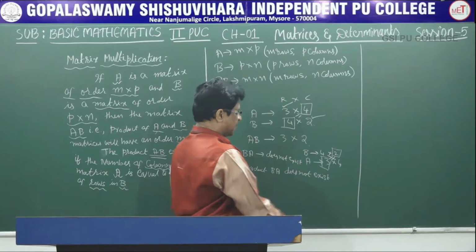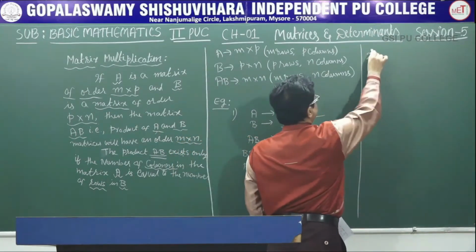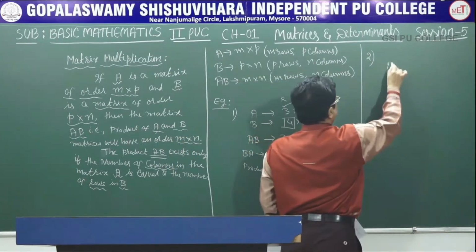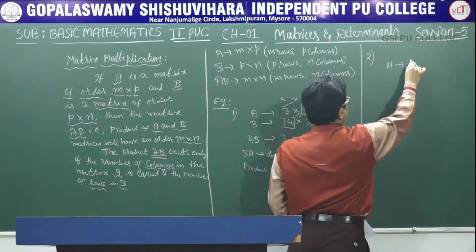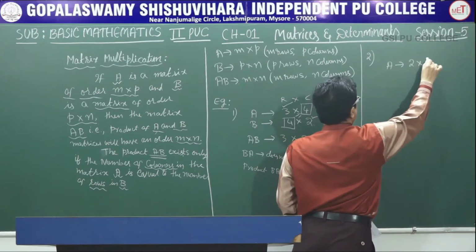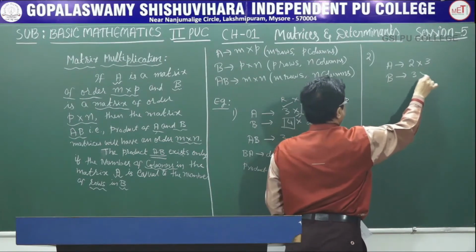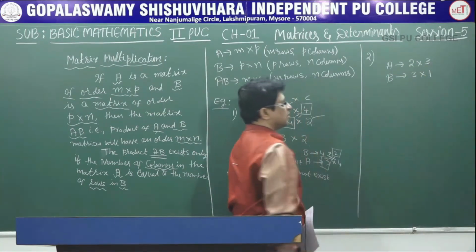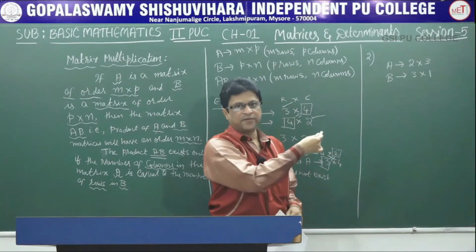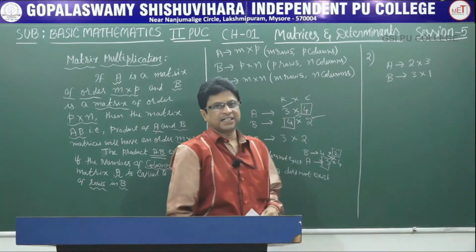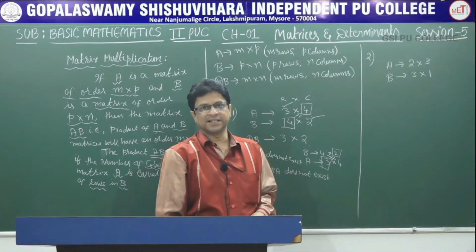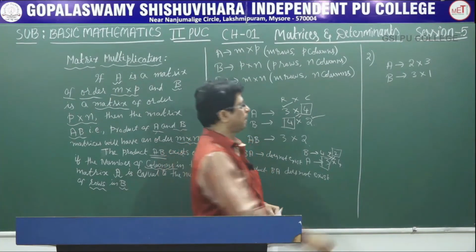Let us consider another example. Let A matrix be of the order 2 into 3 and B matrix of the order 3 into 1. Let us verify whether the product AB matrix exists or not.